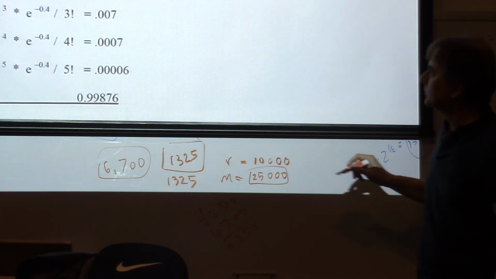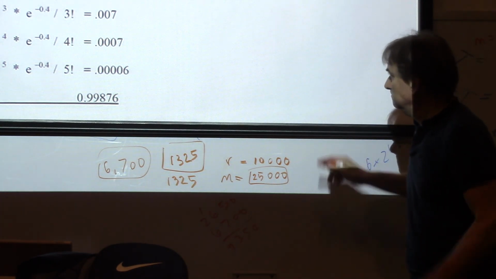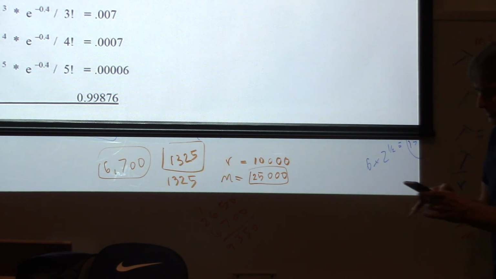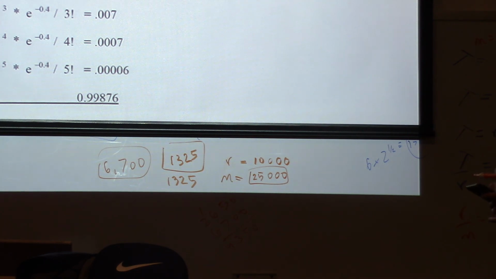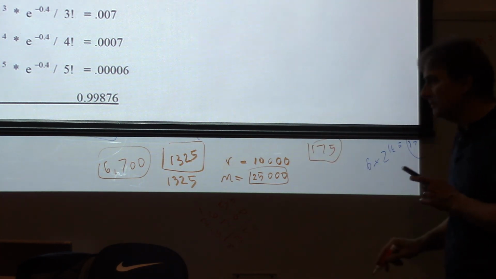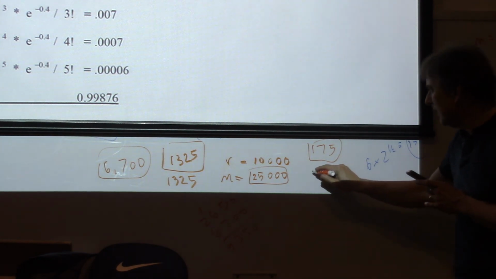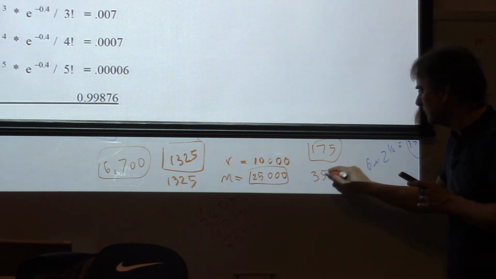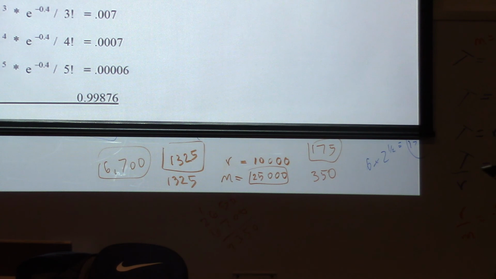Let's do one more. That's going to be 0.007, right? So 0.007 times 25,000. We get 175 records, which will go right in. But then I'm going to have 350 records which are going to be colliding twice.